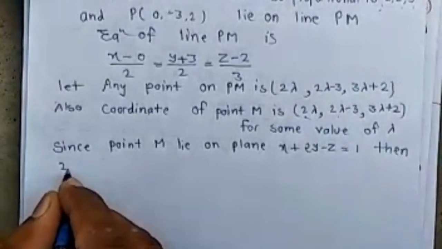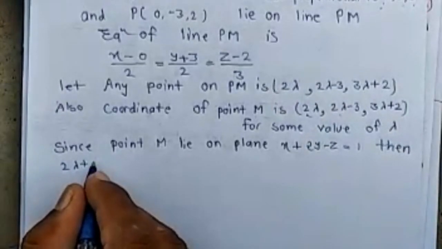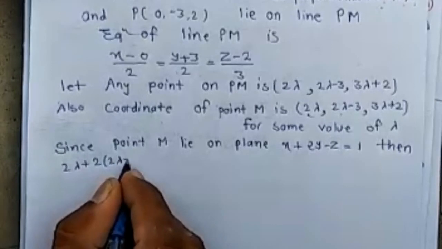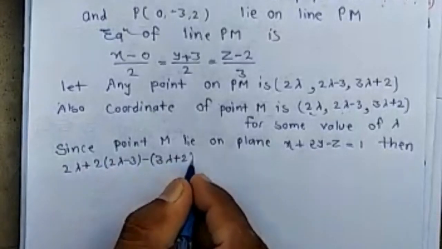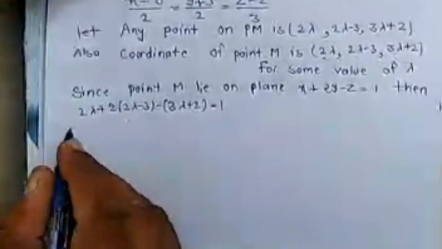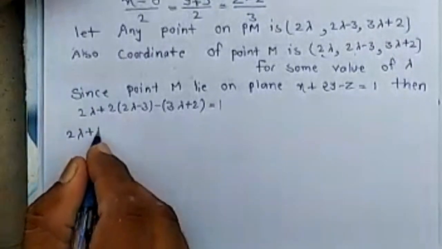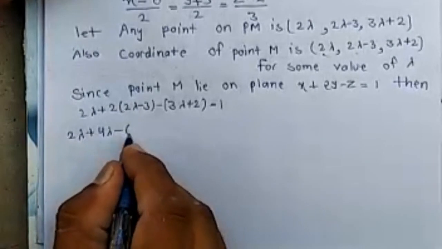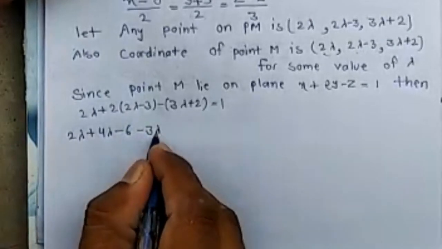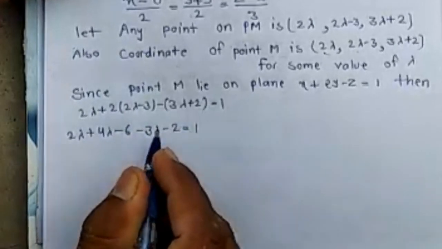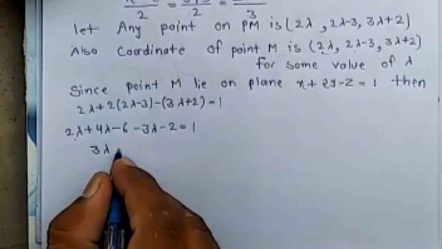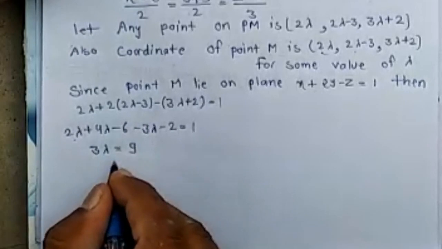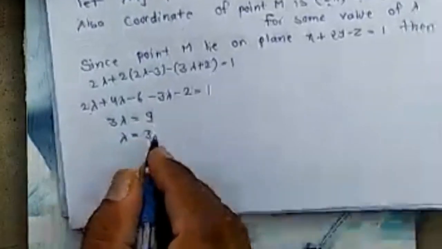Means we have 2 lambda + 2(2 lambda - 3) - (3 lambda + 2) = 1. We get 2 lambda + 4 lambda - 6 - 3 lambda - 2 = 1. 3 lambda = 9, lambda = 3.